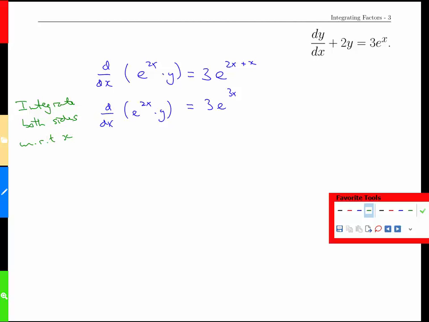When we do that, what's going to happen on the left-hand side, the integral and the derivative are inverses of each other. They're going to cancel each other out.